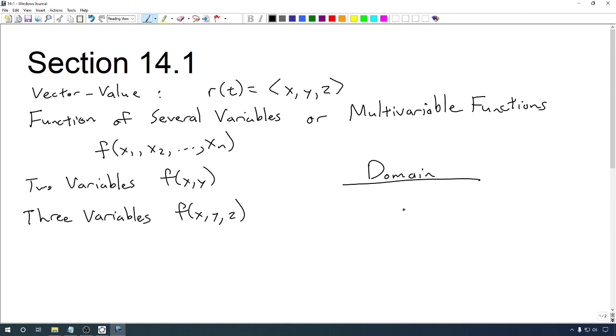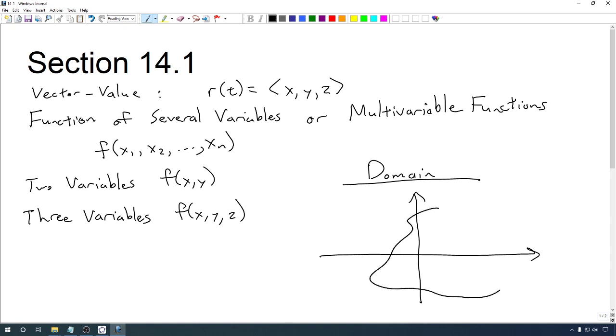So I'm going to draw here an example for two variables, but it will extend to three variables as well. So we can view the domain of a function of two variables as some set in the plane. We could say our domain is this blob here. This will contain all the points x, y, that make sense to plug into our function. If the formula would break for points outside this region, then they wouldn't be in the domain.